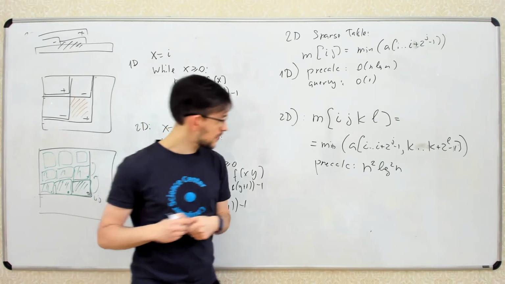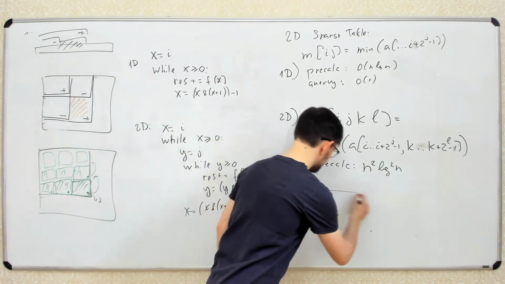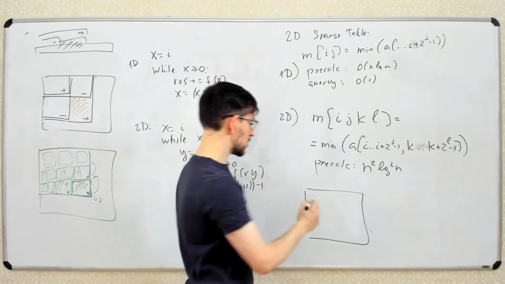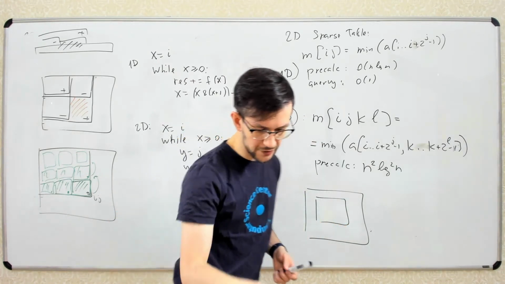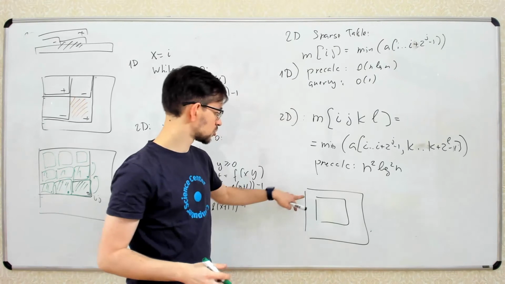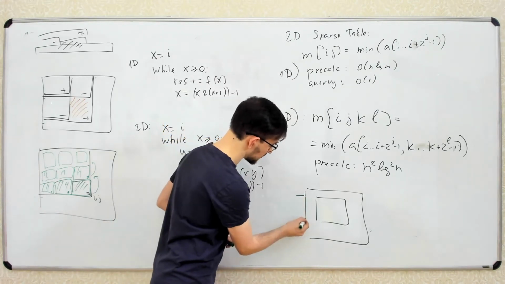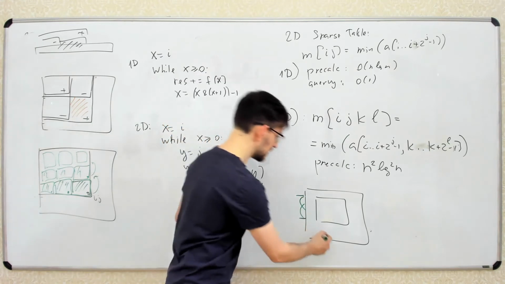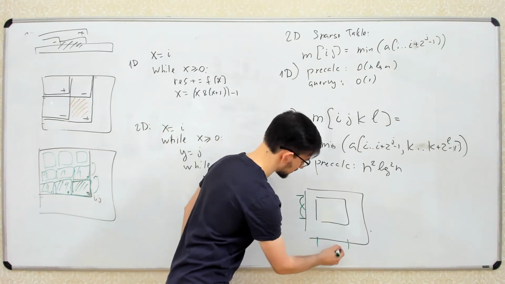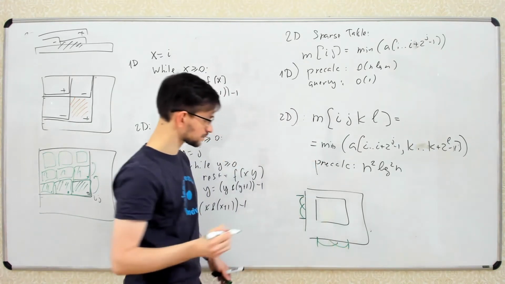And how to answer the query again? To answer the query, you have this rectangle. You need to cover this rectangle with the rectangles from your array. So again, you find this segment by the first coordinate and cover it with 2 segments, and then you have your segment by the second coordinate. So you cover this segment with 2 segments here.